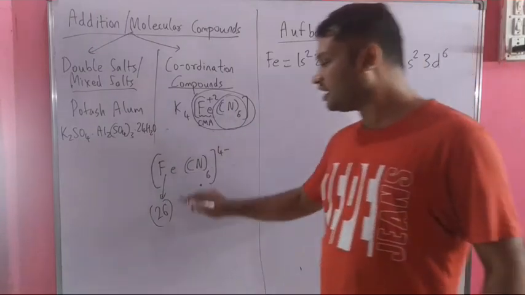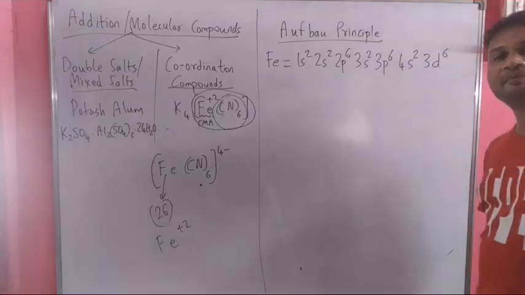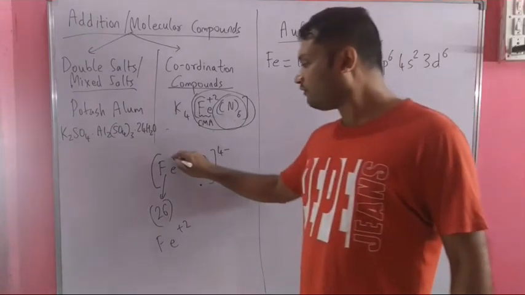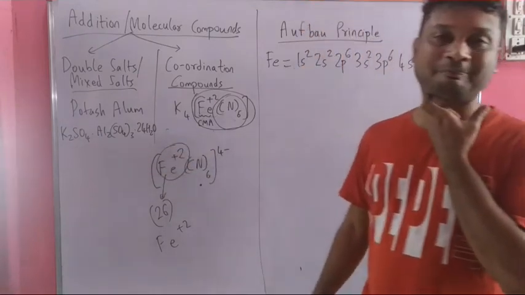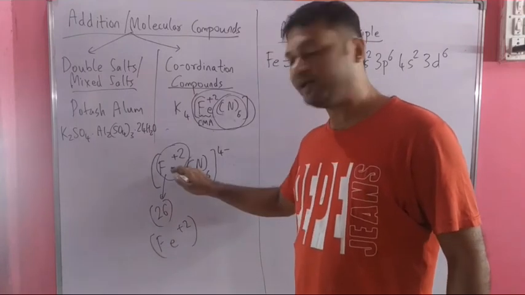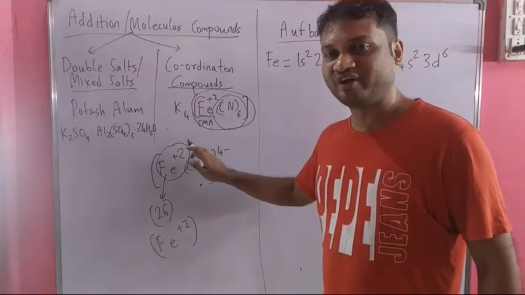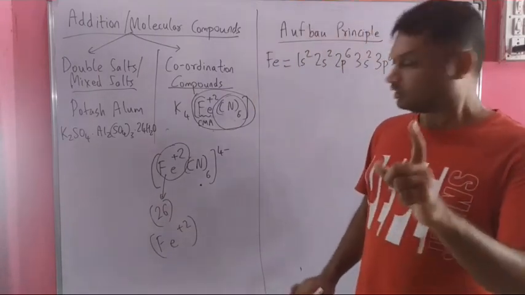After this, let us find the electronic configuration for ferrous iron, Fe plus 2. Why? Because we have already found the oxidation number of iron in this compound is plus 2, which is ferrous. So we will have to remove 2 electrons from the iron atom.